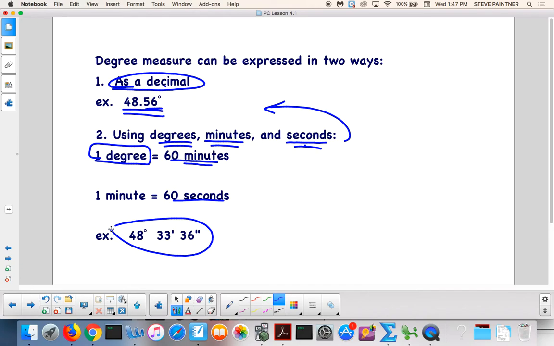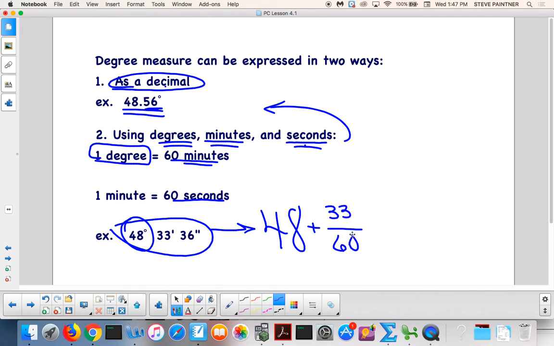Here's how you do it by hand. You ready? How many degrees do I have? 48. I'm trying to get this back to this up here. 33 minutes? Well, there's 60 minutes in an hour, right? So you'd have to add 33 minutes out of 60 minutes.